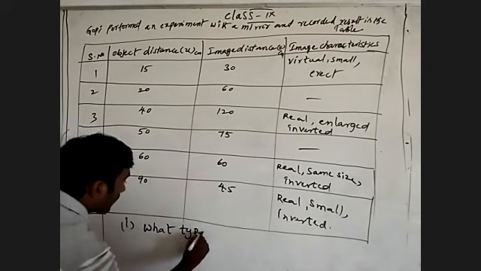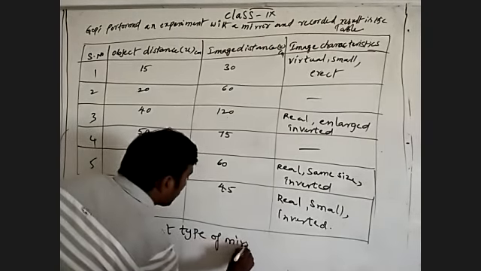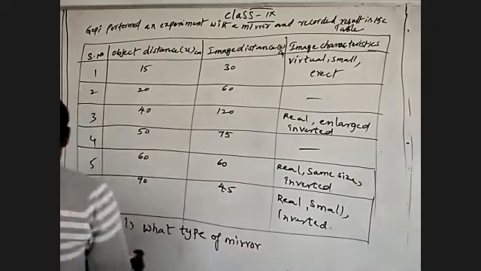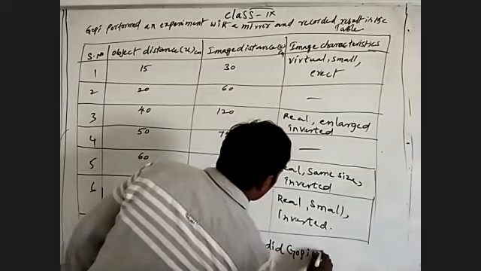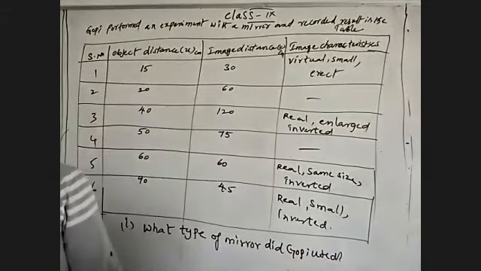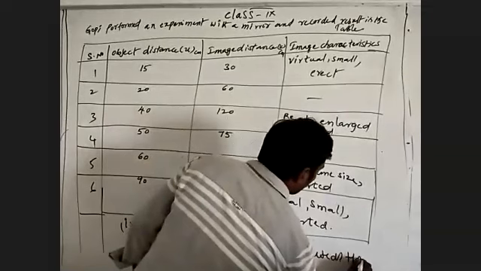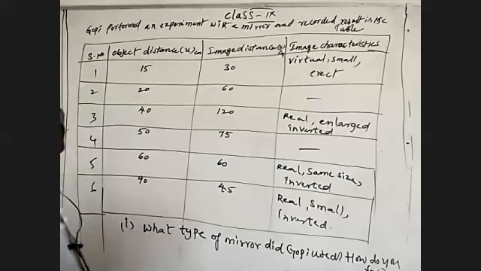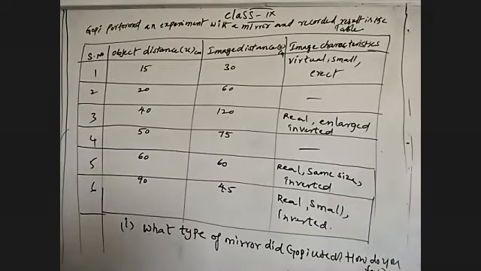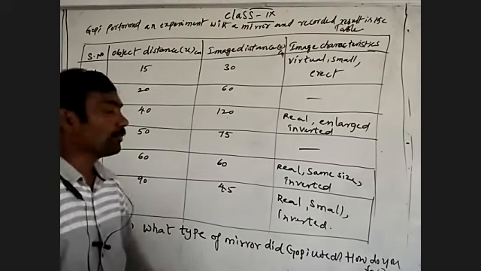Can you remember the table column? What type of mirror did they use for those? This is the whole experiment, one of the questions. What type of mirror did Gopi use?